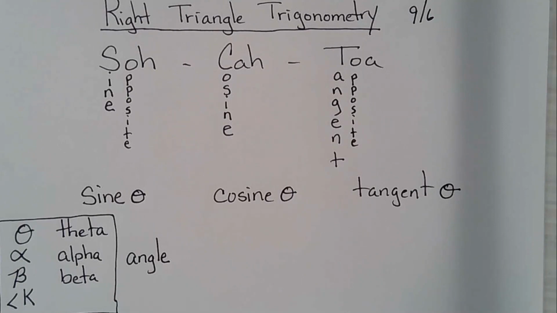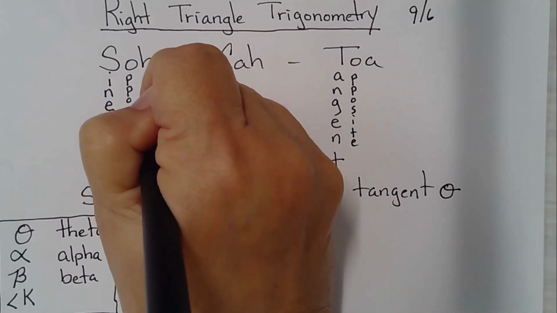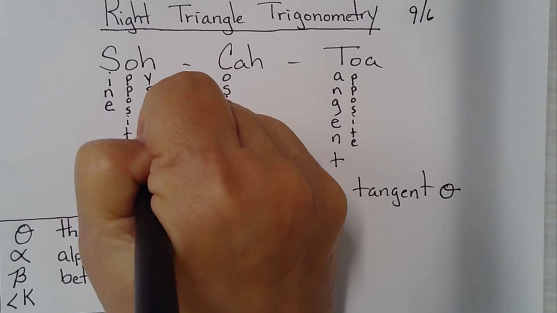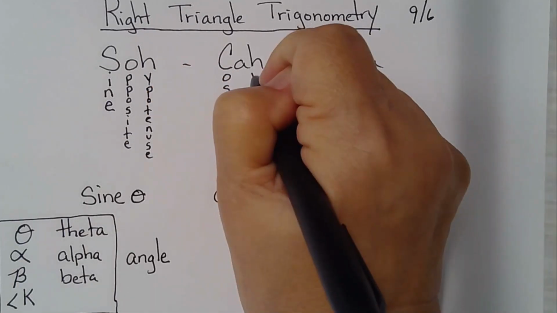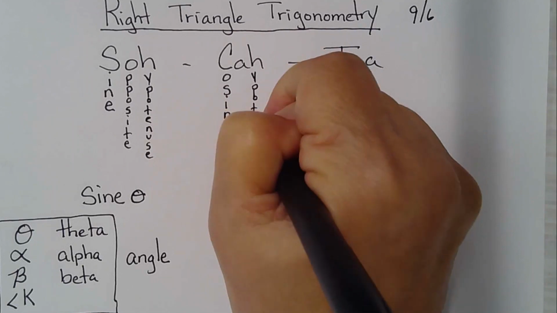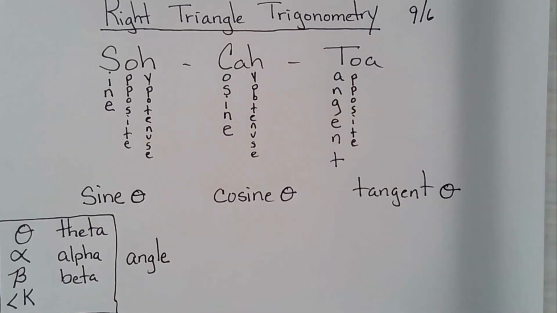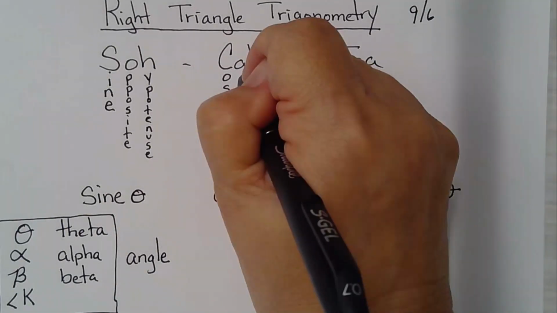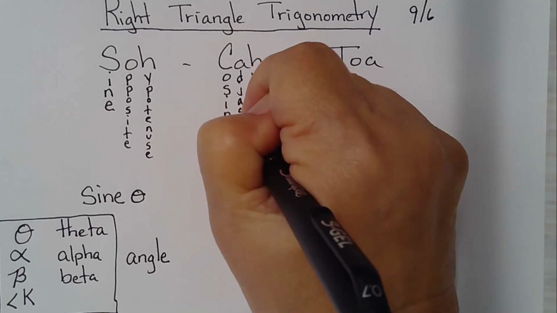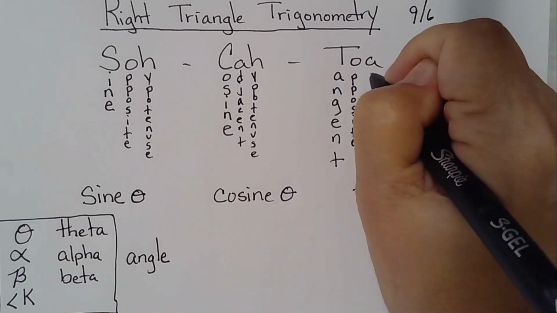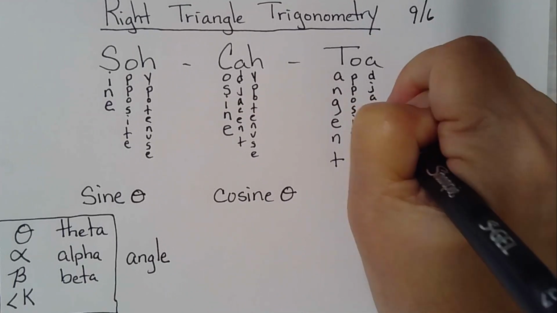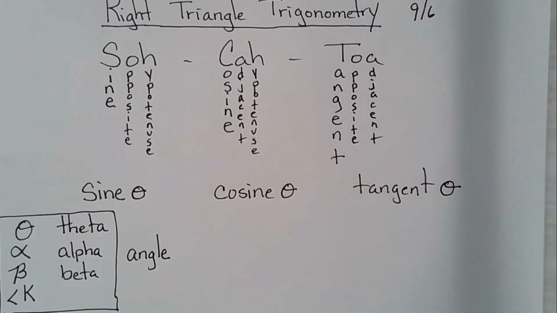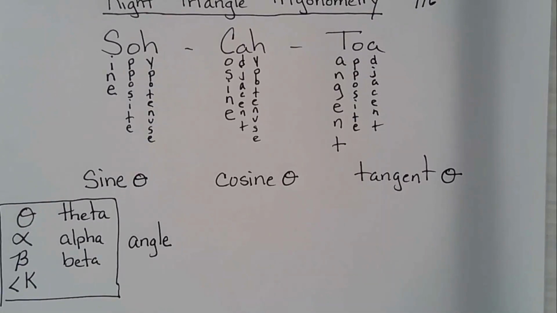The H stands for hypotenuse in both places. And then that A stands for the word adjacent. The word adjacent means next to.